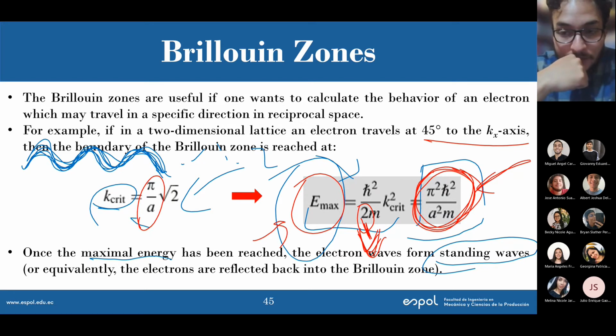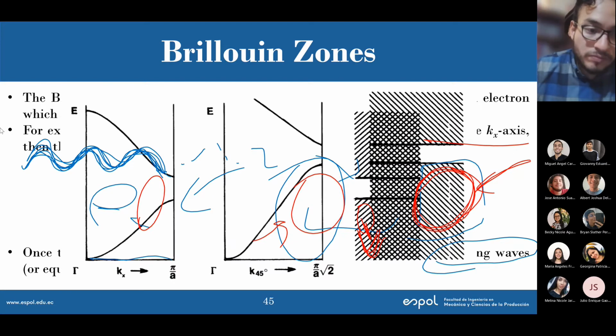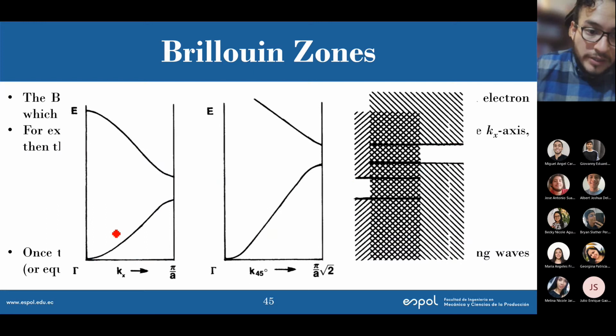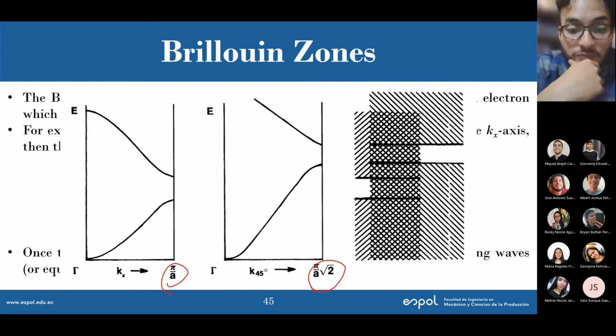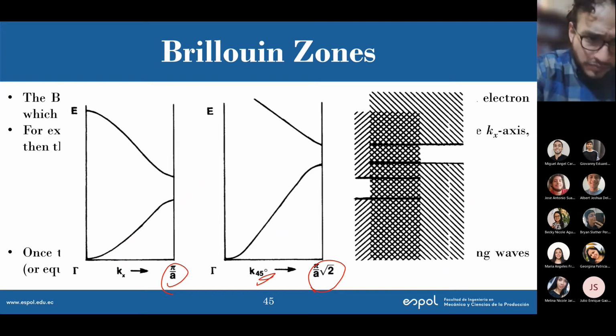What's happening? It's this. That's if the electron is moving pi over a. That's the energy, or sorry, the critical value when the electron moves 45 degrees, right? What happens? Look at the energy parabolas, right?